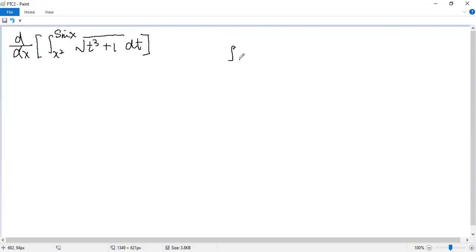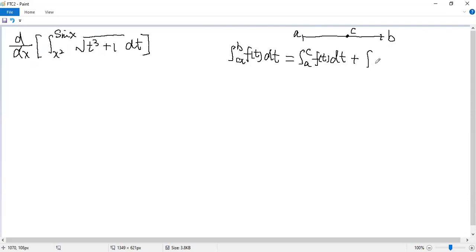So given a definite integral, say from a to b of f(t) dt, one way to evaluate it is to break up the interval ab into two parts, say a to c and then c to b. Then the given one equals the integral from a to c of f(t) dt plus the integral from c to b of f(t) dt.